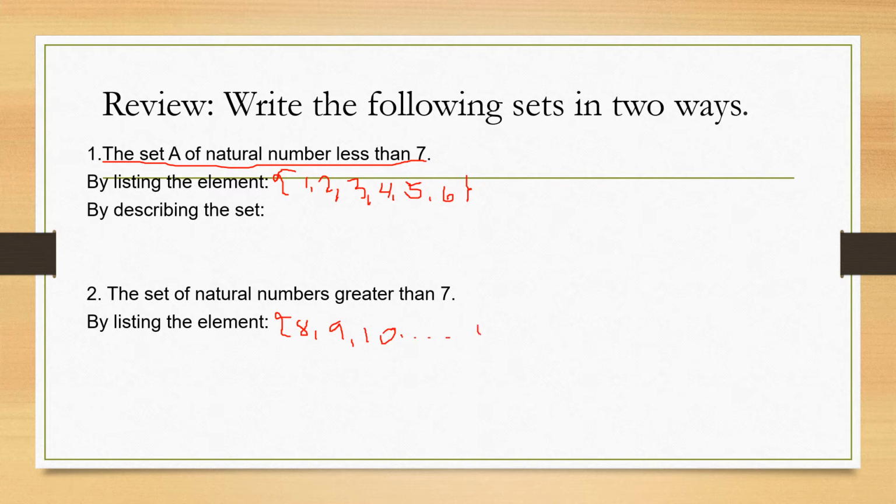We can use dots to mean infinite, that means walang katapusan. All numbers greater than 7 up to quadrillion, quintillion. And by describing it, we could say the set of natural numbers greater than 7. That's a describing method. All right, next.